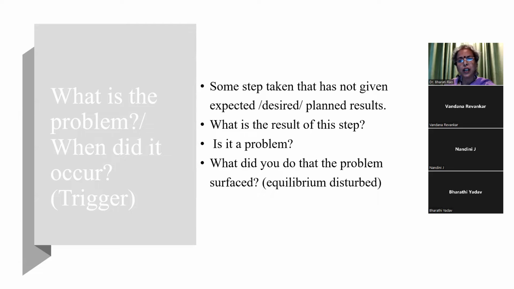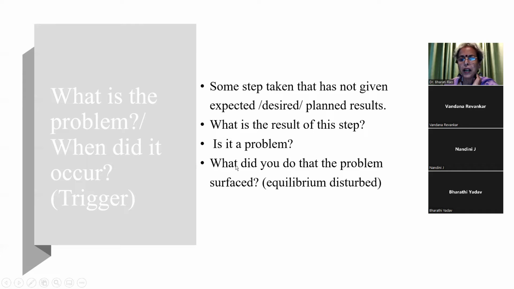So that's the introduction. Now suddenly something has happened that has spoiled this beautiful friendship between them. Now some step taken has not given the expected, desired and planned results. What is the result of this step?